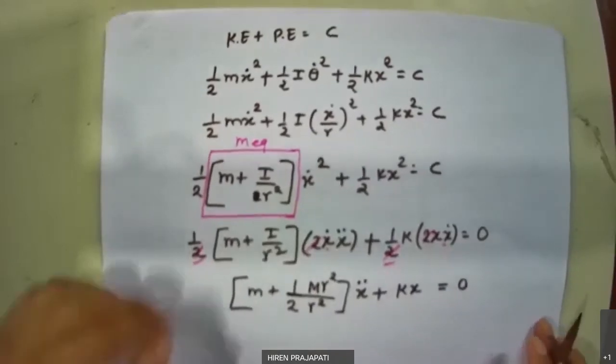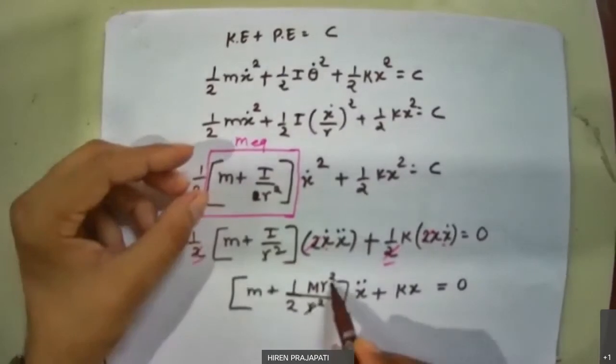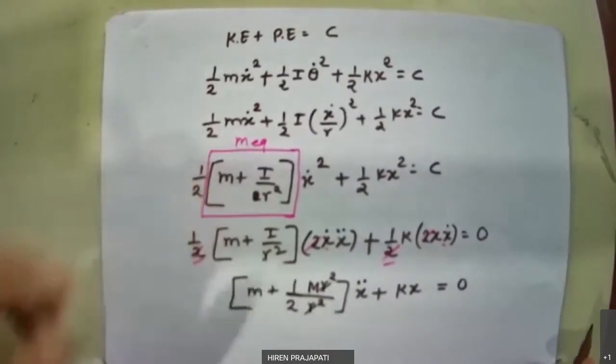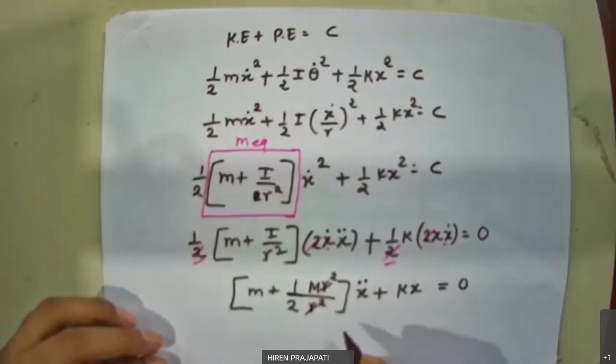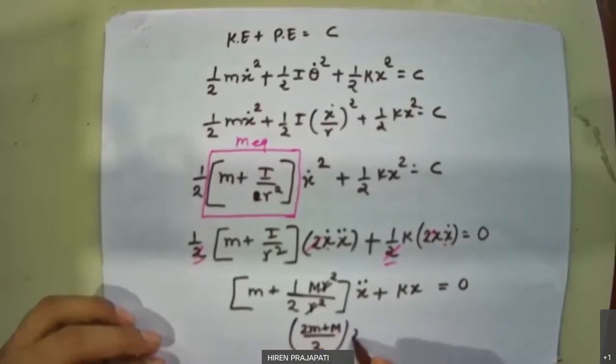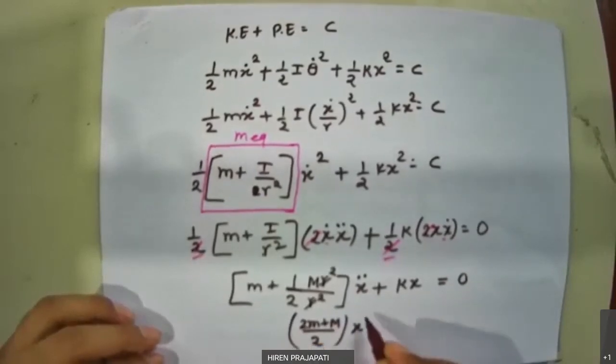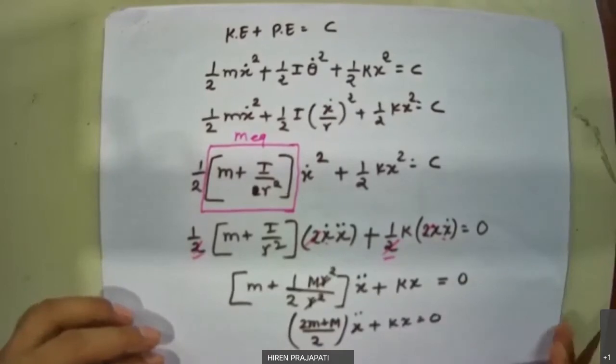Now r square cancels out. Now our final equation, if you take LCM, then 2, above that we have 2m plus capital M, and this is x double dot plus kx is equal to 0.